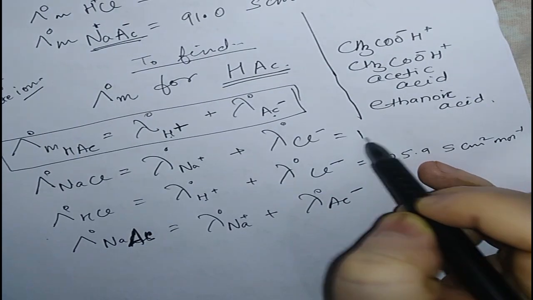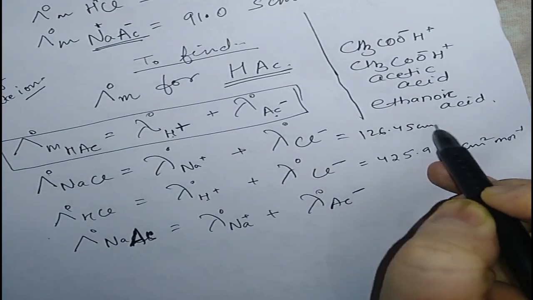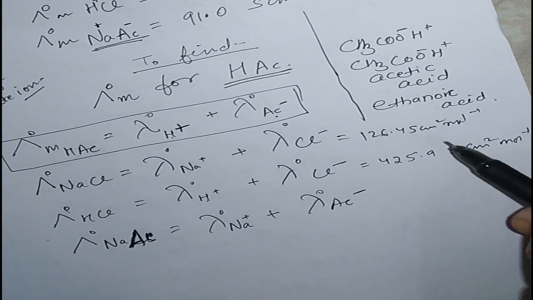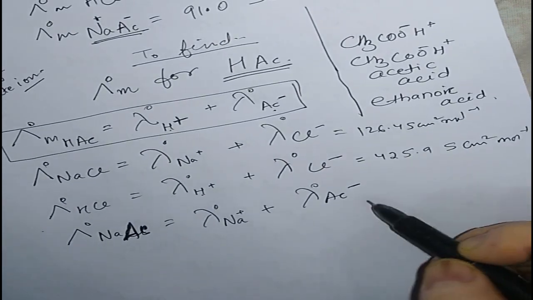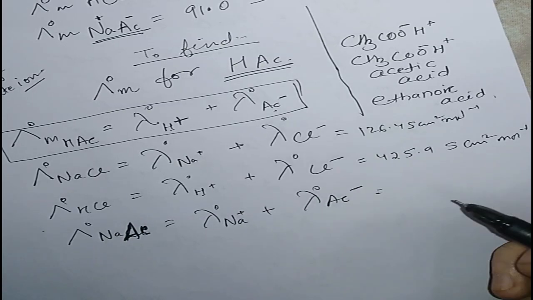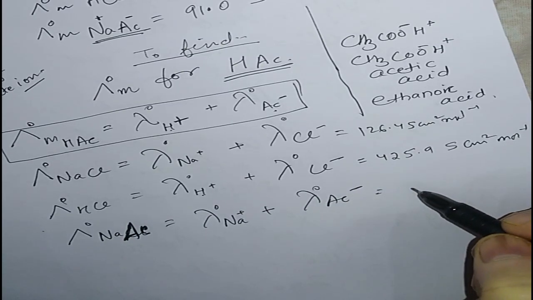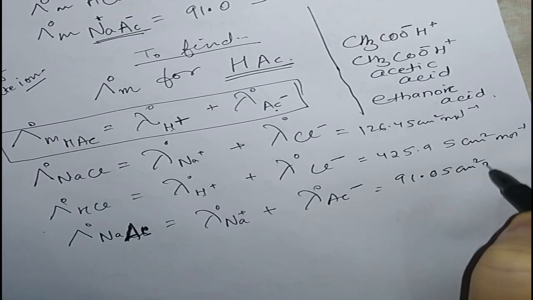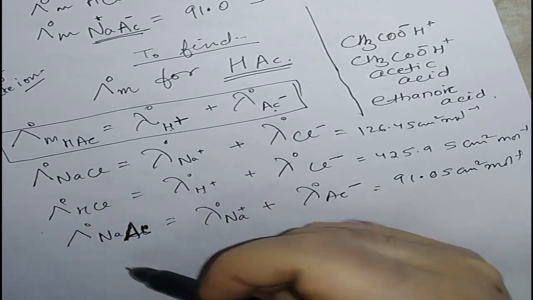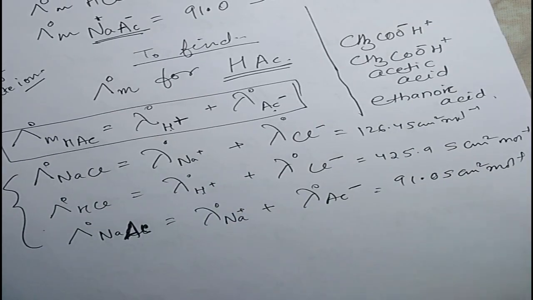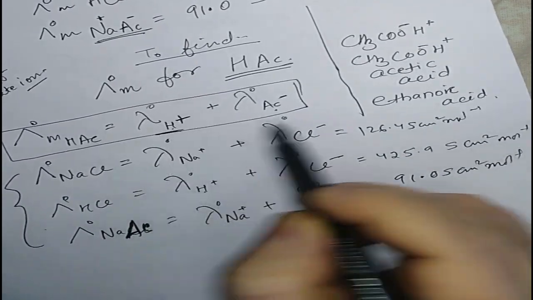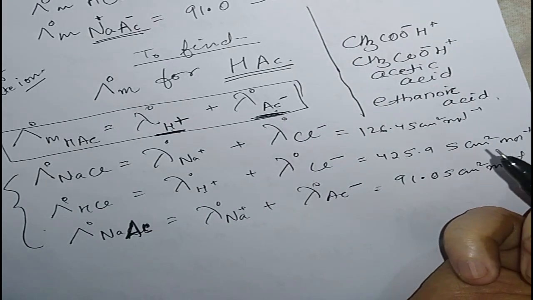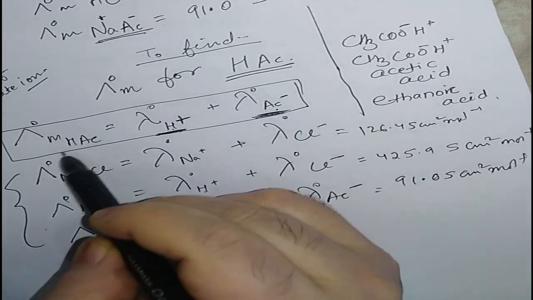Value of this much is 126.4 Siemens centimeter square per mole. And value of this much is 91.0 centimeter square per mole. So we have to arrange these three equations in such a way that we get the target equation, and then the sum of these will give the value of this.